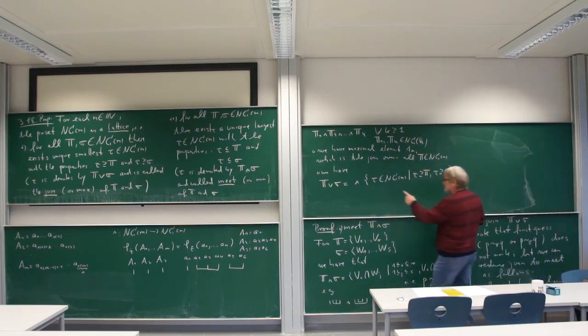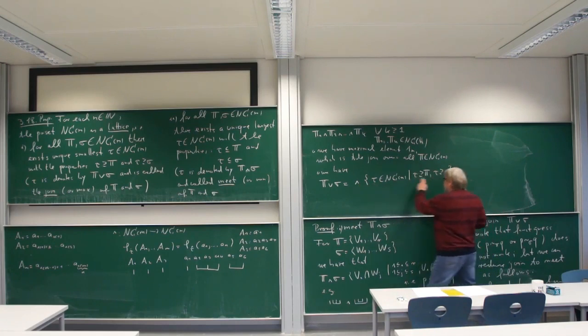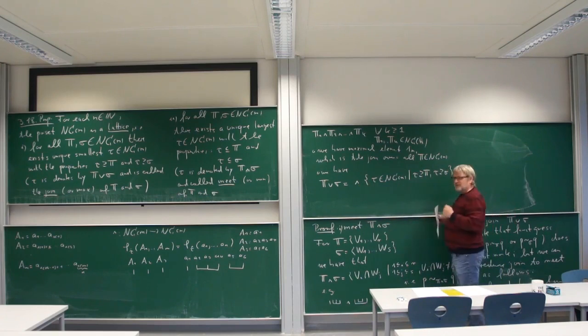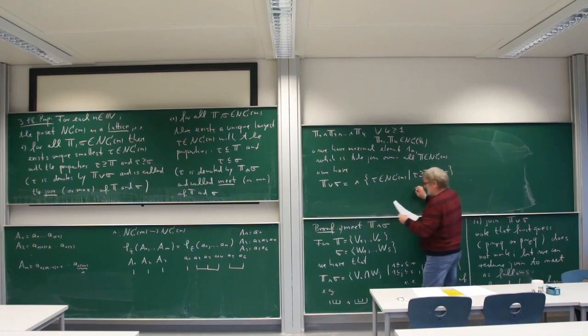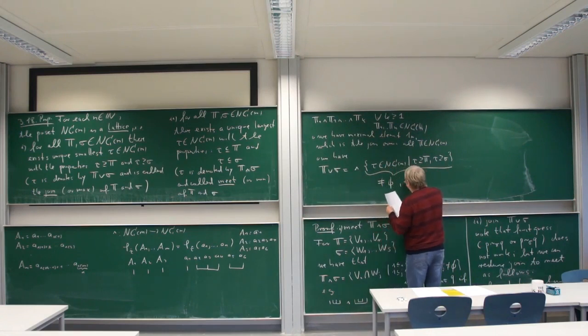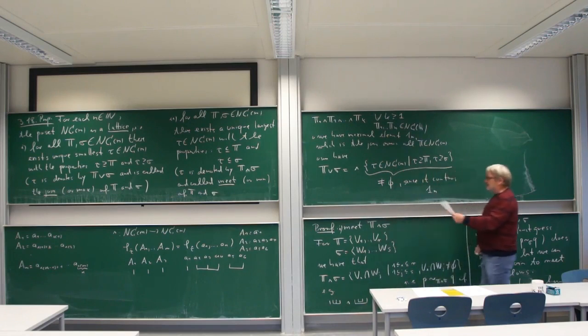Okay. The crucial thing is, whenever I have a finite set here, I know that I have a meet. The only problem is that this finite set should not be the empty set. So there must be at least one tau which has this property, but there's always one which has this property, namely the maximum element. So this set is not the empty set, since it always contains the maximum element.